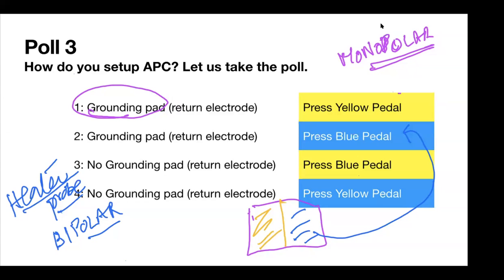For a radio frequency application, do you need a grounding pad or return electrode or not? So RFA, isn't it a bipolar device?